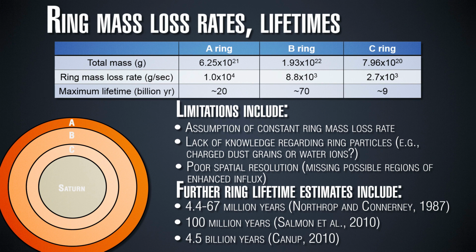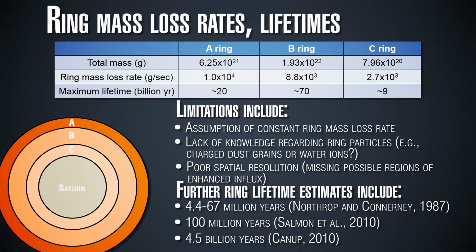However, I should also point out that these are just upper limits because we don't know exactly what the particle is that's coming from the rings into the atmosphere. These estimates assume that the particle is an ion, say H2+ or H2O+, whereas it may in fact be a much more dense grain or dust particle. It's also worth pointing out that we don't have a good idea of how old the rings are right now.